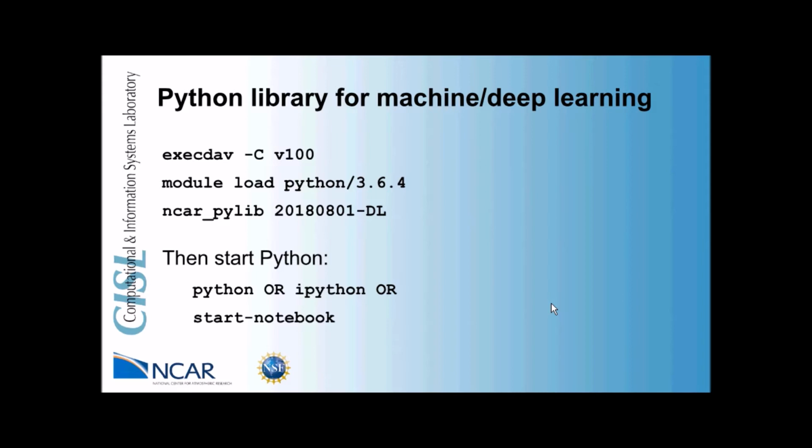So it's a collection of Python modules that we've installed. The way to get at this, you would do an execdav, constrain yourself to one of the V100 nodes, load Python 3.6.4. This is a Python 3 thing. And then there's this version of our Python library, 2018-0801-DL in caps. So then you can start Python your favorite way with Python or IPython or a Jupyter notebook.